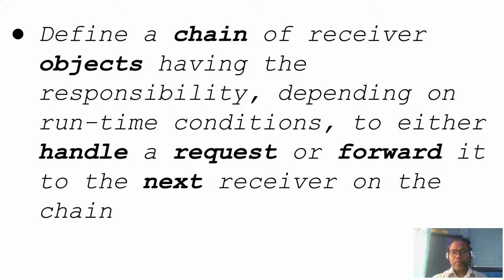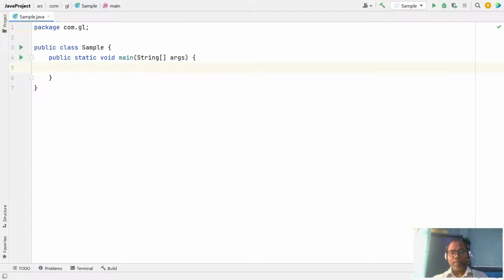Let's write an example so it becomes clearer. As I explained, let's say we have one request object requesting our service provider.